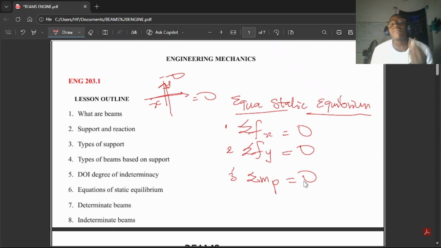So basically we have three equations of static equilibrium. We have sigma F of x is equal to zero, sigma F of y is equal to zero, and the summation of moments about a particular point is equal to zero. Am I communicating?